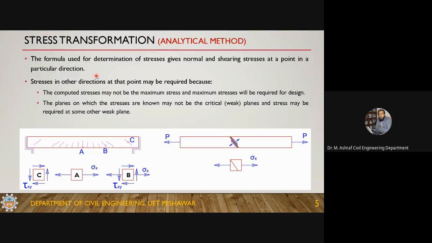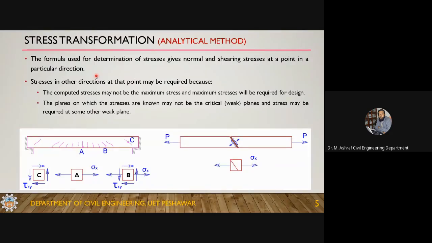They are not giving you stresses in any direction. Like you are getting stresses in the X direction. If you require the stresses in some inclination, then you cannot use those formulations. So that was important: stress in other directions may be required.